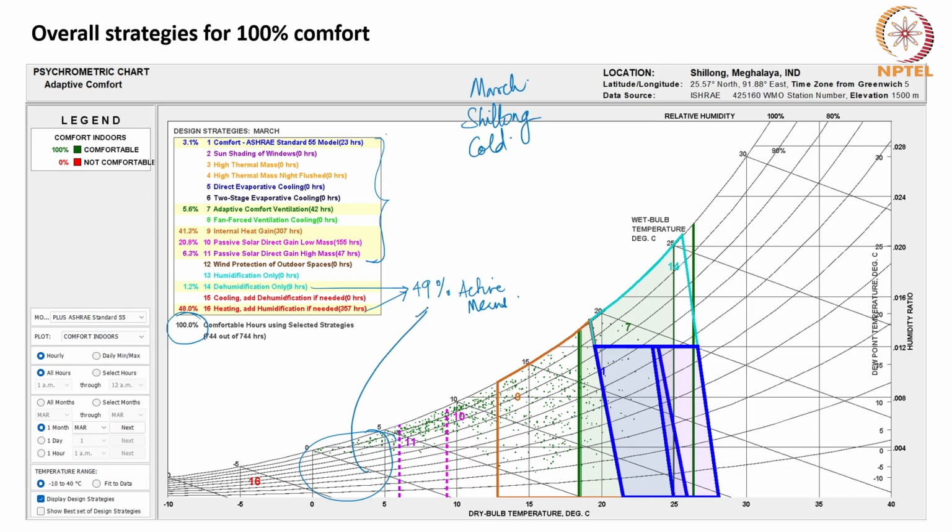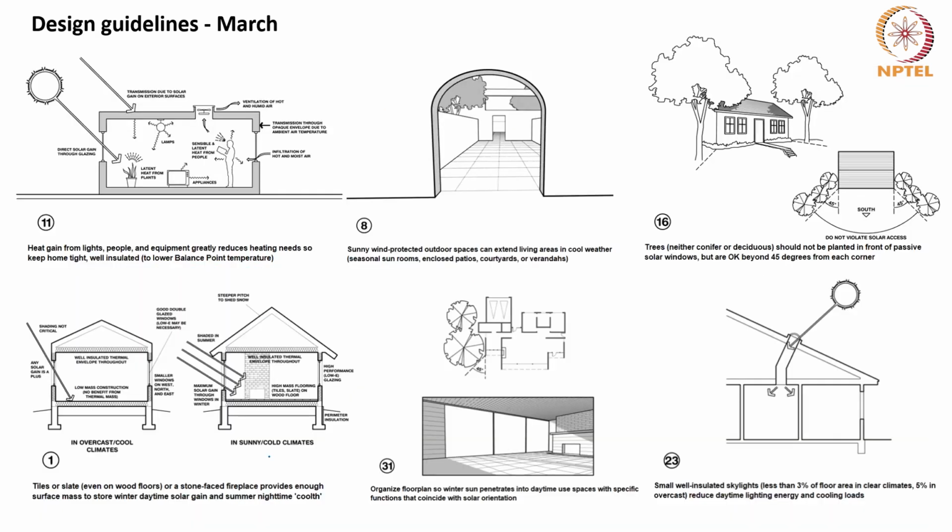So, this is the strategy to shift the remaining percentage of 49 to comfortable from extremely cold or uncomfortable area.